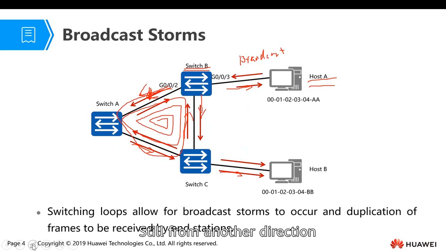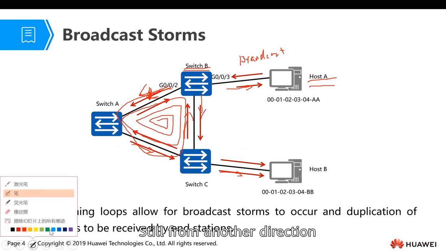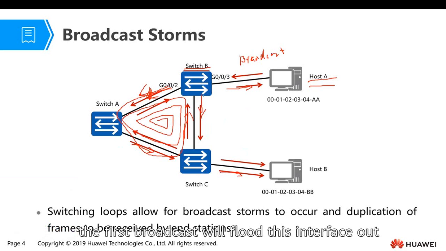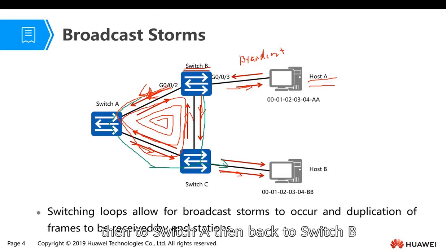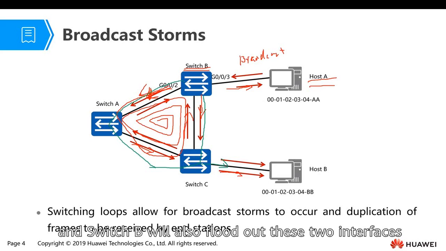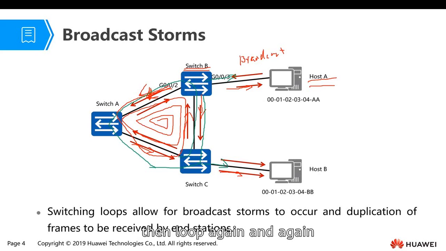In the other direction, the first broadcast floods out this interface, then switch C floods it out to switch A, then back to switch B, and switch B floods out these two interfaces, and it loops again and again. This is the broadcast storm. This broadcast will not stop.